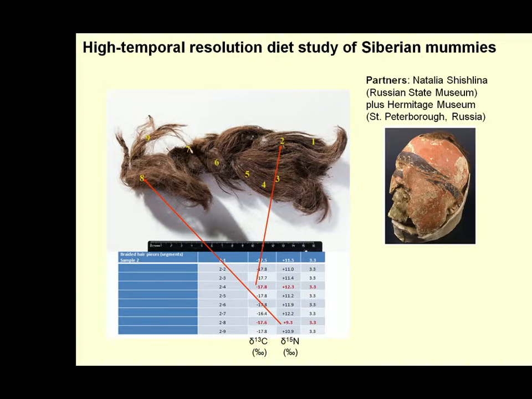Now, to check if this was really the case, we decided to do radiocarbon measurements on these 2 hair sections because fish typically exhibits radiocarbon reservoir effect. So effectively, this higher nitrogen value should also have associated with it an older radiocarbon age. Now, these are the radiocarbon results, and as you can see, there is no significant difference between the two.